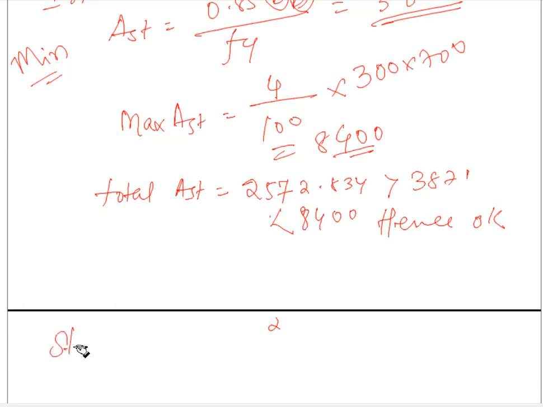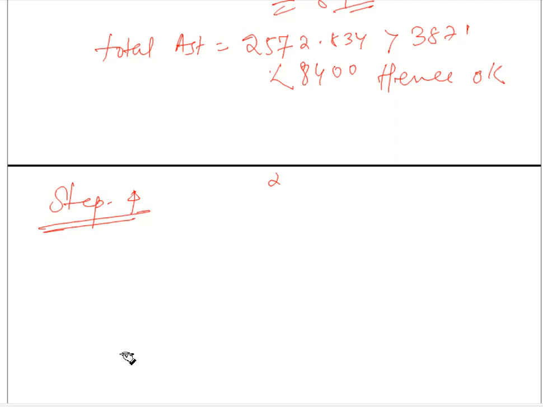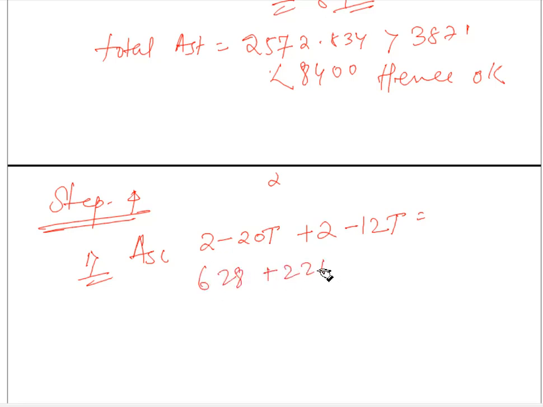Now we are into our last step, step number 4, where we need to identify the number and diameter of bars. For ASC, we have assumed two numbers of 20 diameter bars plus two numbers of 12 diameter bars, which gives 628 plus 226, equal to 854, which is greater than required.